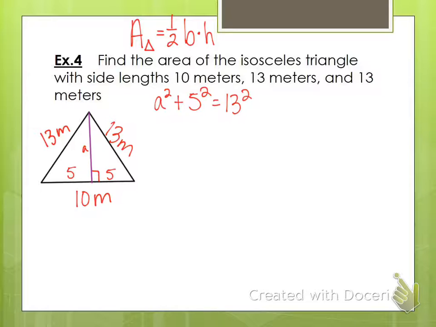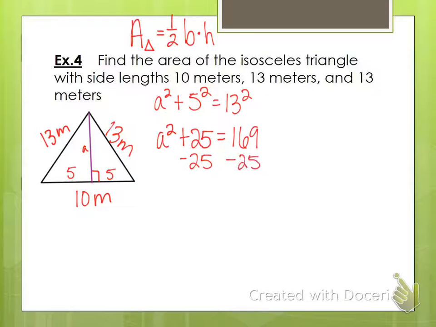Questions about why I plugged in what I did, where I did? Okay. 5 squared, 13 squared.